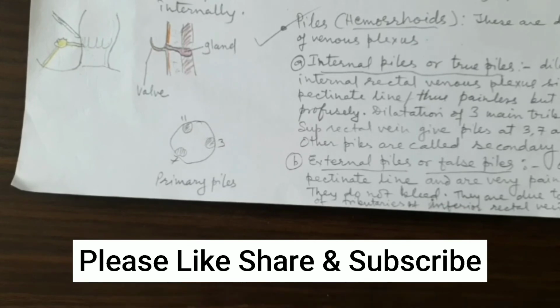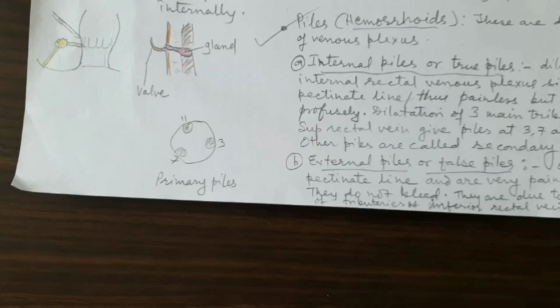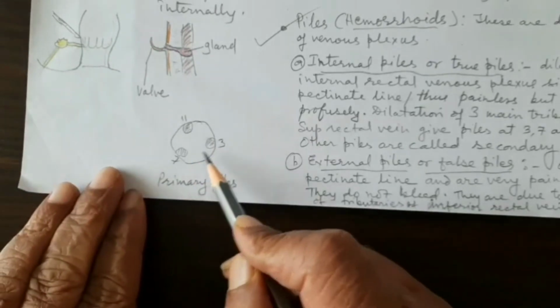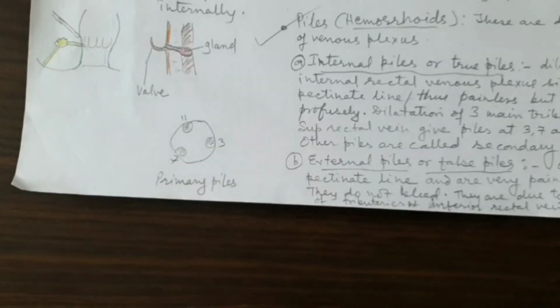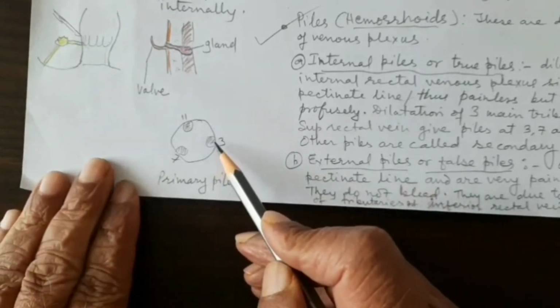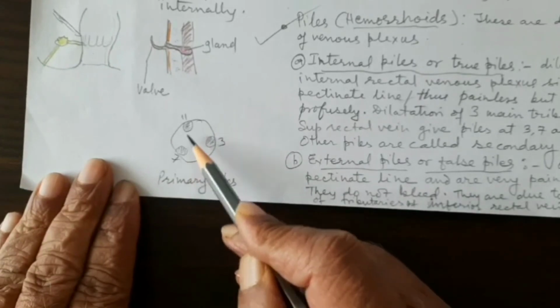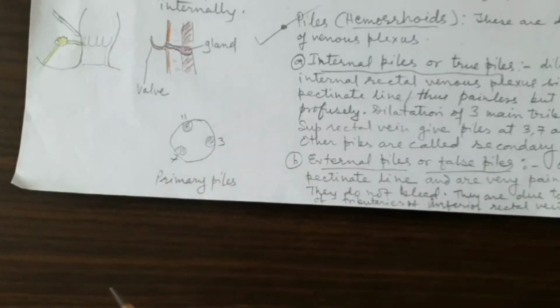Hence they are called primary piles. If they are in other regions in between, they are called secondary piles. But mostly it is 3, 7 and 11 o'clock where the internal or true piles are seen, and if they prolong and protrude, they protrude at these positions through the anal orifice.